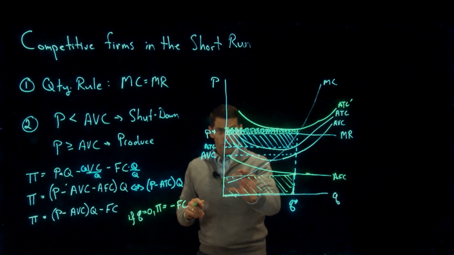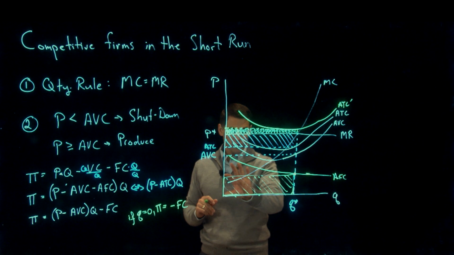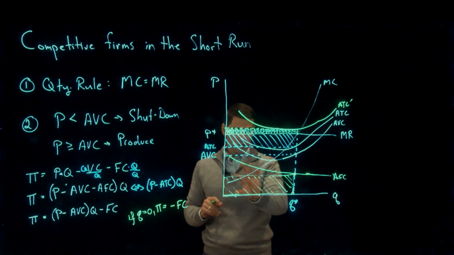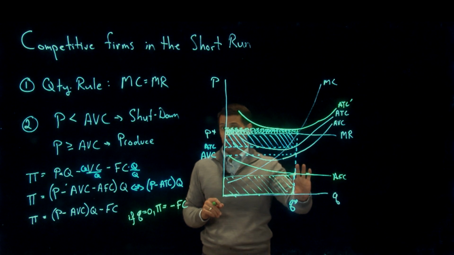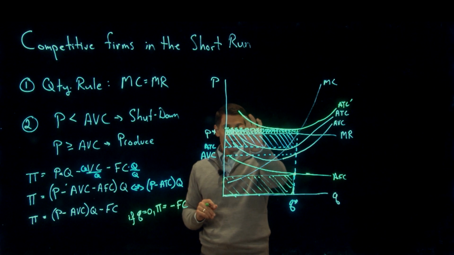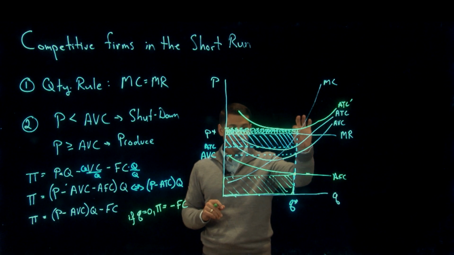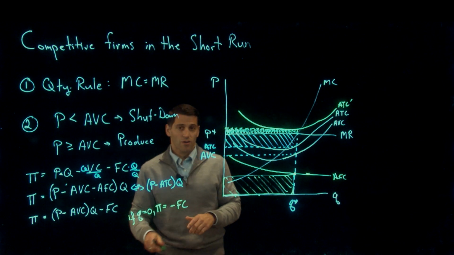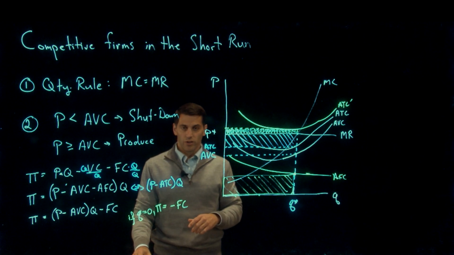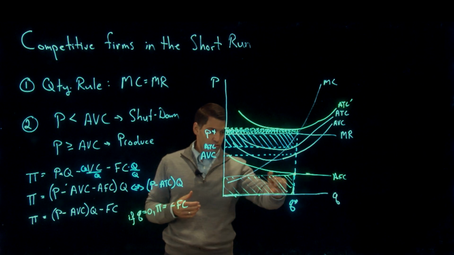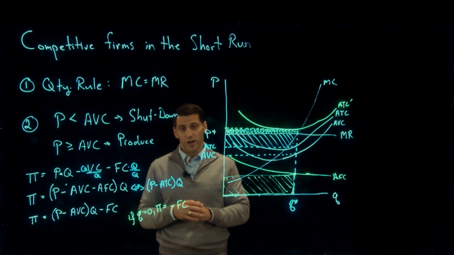All right, so the losses that this firm would incur, the one that has the higher average total cost curve, by not producing, the firm would incur these really big losses, whereas by producing, the firm will incur these smaller losses. And again, the key thing here is that so long as you can cover your variable cost in the short run, you can either be profitable or at a minimum eat away at your fixed cost to minimize your losses.